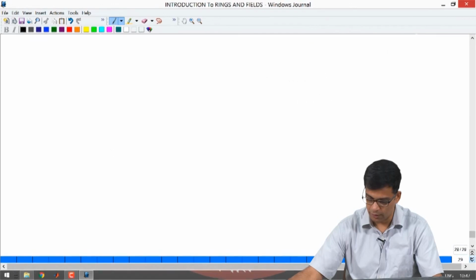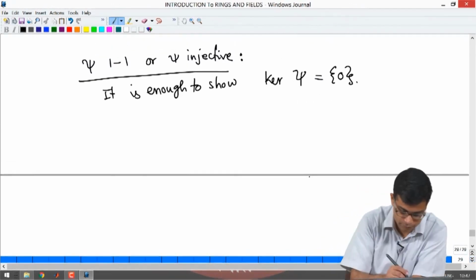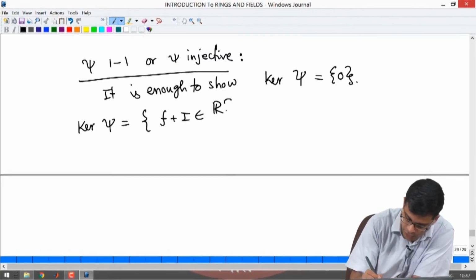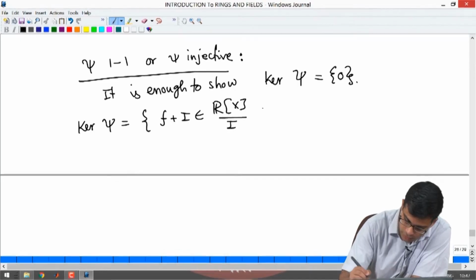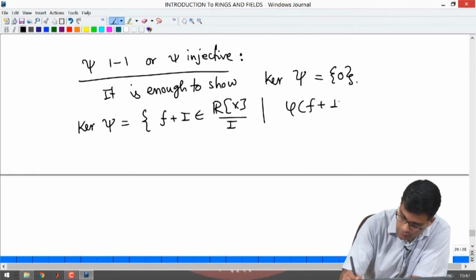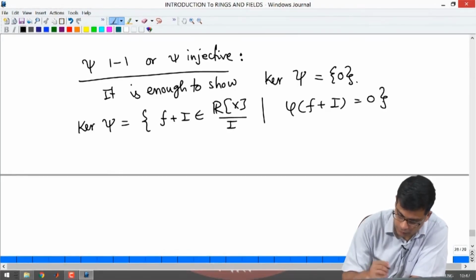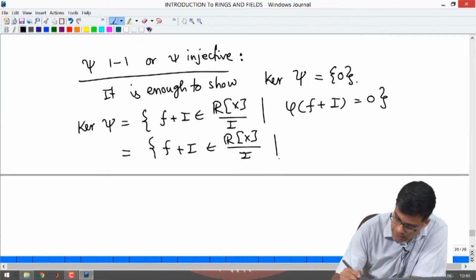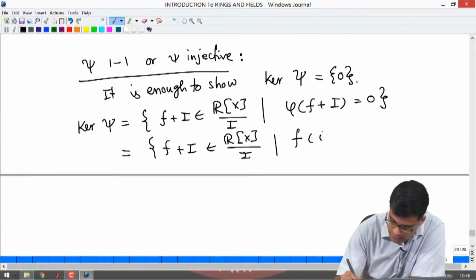So, what is the kernel of psi? It is all elements f + I in R[x] mod I such that psi of f + I is 0. But that means all elements f + I in R[x] mod I such that f(i) is 0.